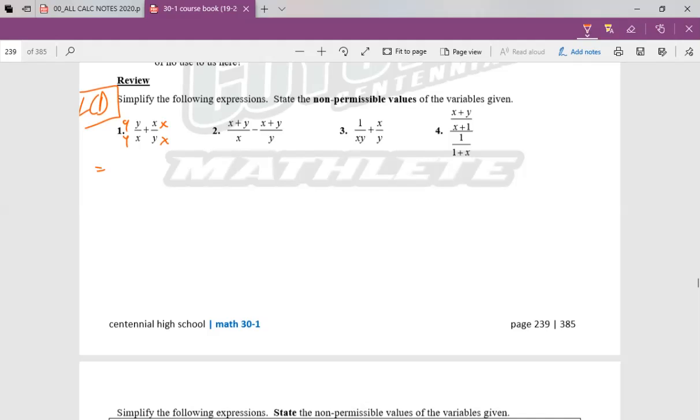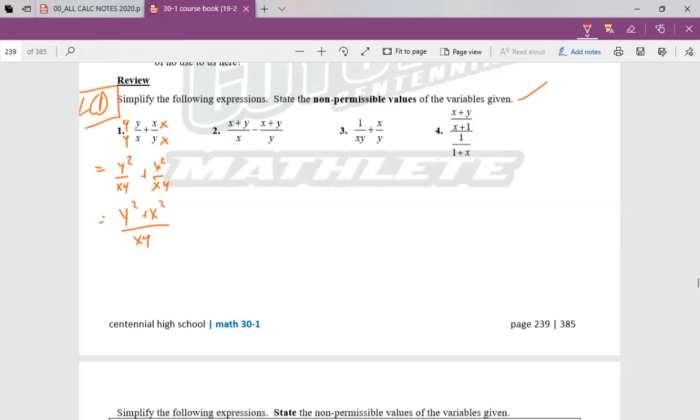This gives us y squared over xy plus x squared over xy. Once they have the same denominator, of course, now we can add them together and call it one fraction. We like to have expressions expressed just as one fraction. It ends up being simpler to deal with that way, so that's why we get common denominators.